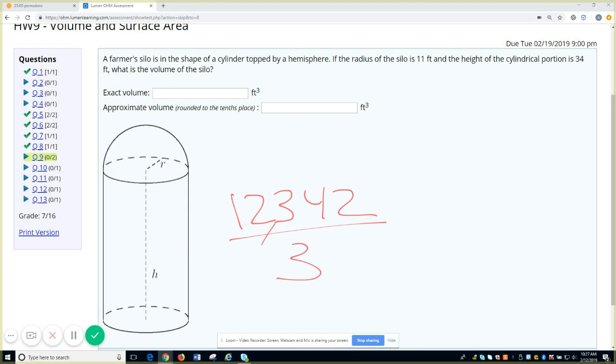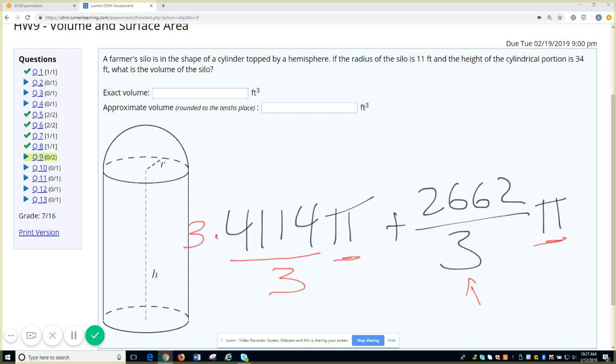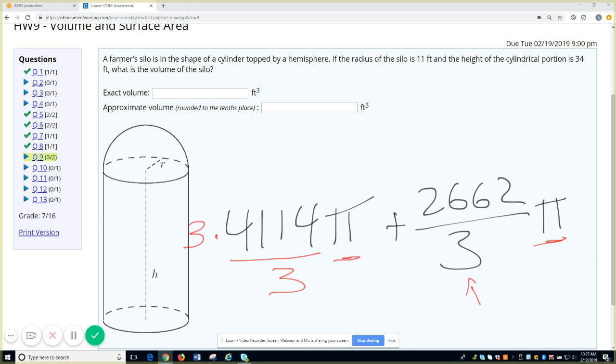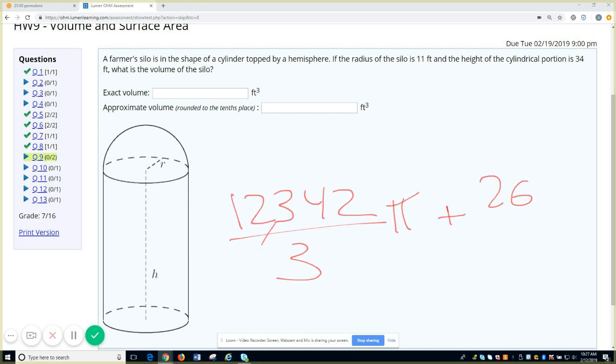Notice if you take that number and divide it by 3, you're going to get back to 4,114. So essentially I'm just creating an equivalent fraction that has the same denominator as the second fraction, 2,662 over 3 pi.